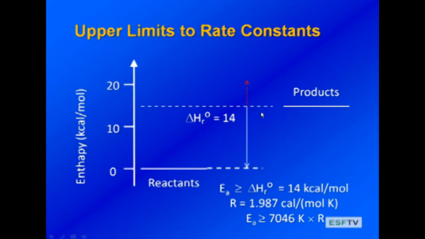What this means is that we have a lower limit to the activation energy. It must be greater than the enthalpy of reaction, which is plus 14 kcal per mole. And using R in calories per mole, we can say that the activation energy is greater than 7,046 Kelvin multiplied by R. We can then use that in an Arrhenius expression for the rate constant.